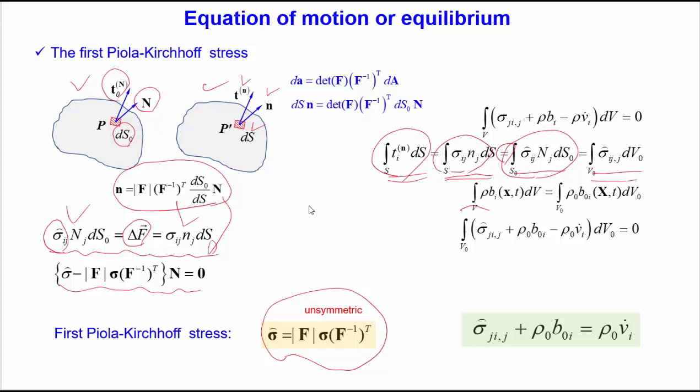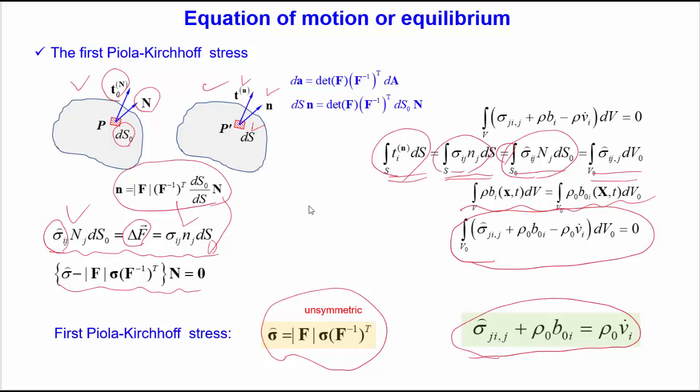Likewise, we can express the body force in the material coordinate system like this equation. As a consequence, we can derive this equation of motion based on the first Piola-Kirchhoff stress, especially for large deformation problems. Unfortunately, the first Piola-Kirchhoff stress is unsymmetric.